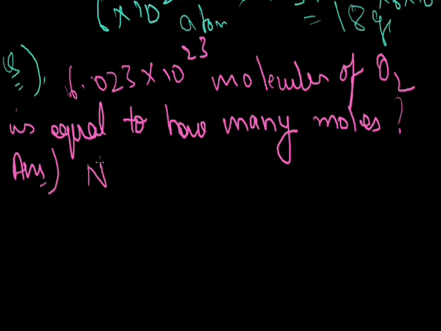Number of moles is equal to the number of molecules of oxygen upon Avogadro's number of molecules. That gives N by Na. That will give 6.02 into 10 to the 23 upon the same Na quantity, 6.02 into 10 to the 23. That will give 1, meaning it consists of 1 mole of oxygen molecules.